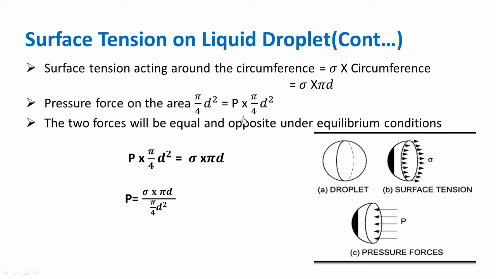From there P equals sigma into pi d by pi by 4 d square. By simplifying, pi cancels, one d cancels, and we get P equal to 4 sigma by d. So this is the expression relating pressure and surface tension for a liquid droplet.